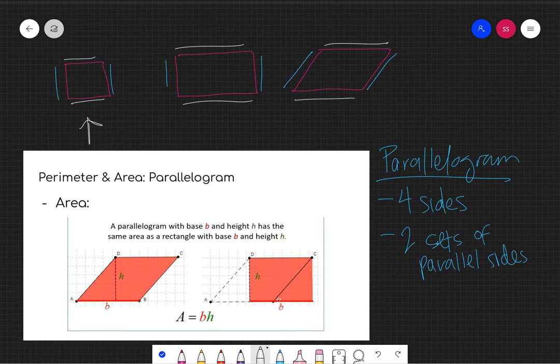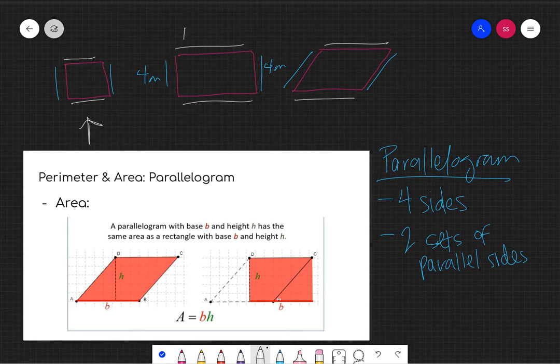Okay. Now, what's cool about parallelograms is that if you do have two sets of parallel sides, and it's a four-sided figure, the opposite sides, so the parallel sides, will be equal to each other. So for example, in this rectangle, if this left side is 4 meters long, the right side would also be 4 meters long.